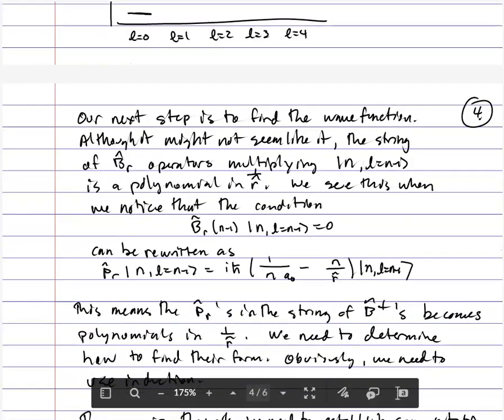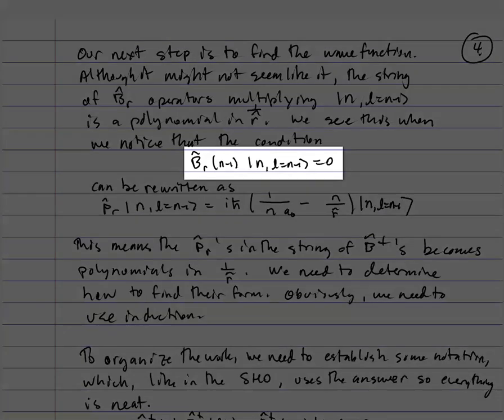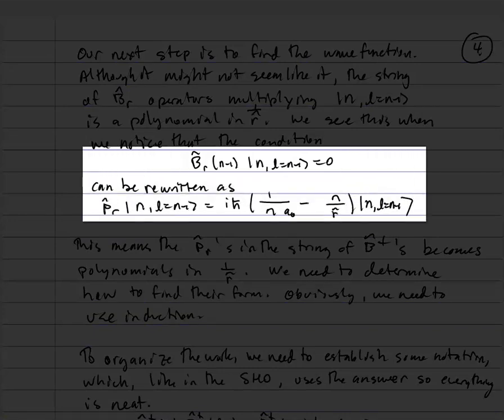All right, our next step is to get at the wave function. And although it might not seem like it, that string of B_R dagger operators multiplying |n, L = n-1> is actually a polynomial in 1 over r hat. And you're going to see that when you notice that the subsidiary condition that B_R of n-1 acting on |n, L = n-1> equals 0 can be rewritten as P_R acting on |n, L = n-1> is equal to i hbar (1/(n a0) - n/r hat) times |n, L = n-1>.